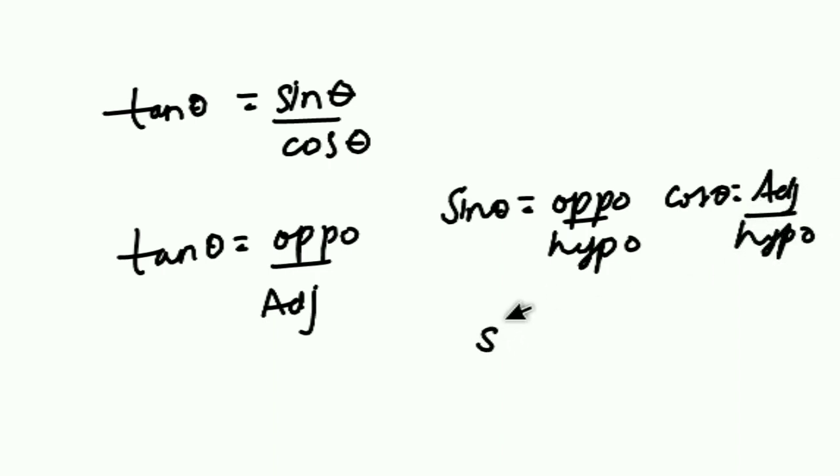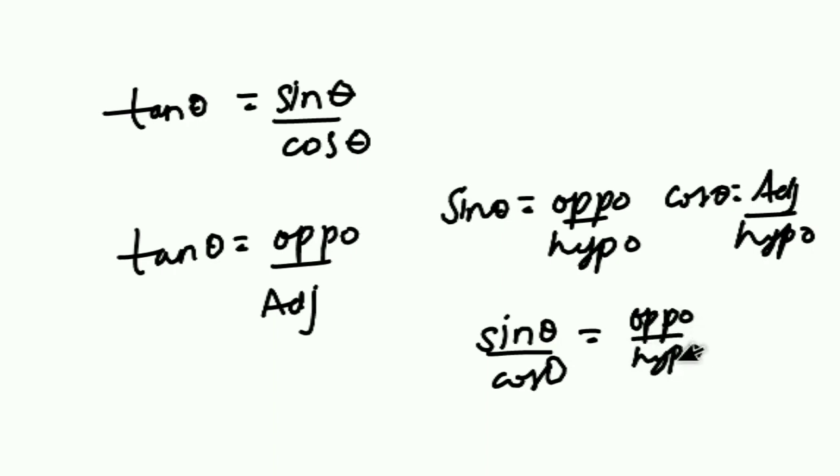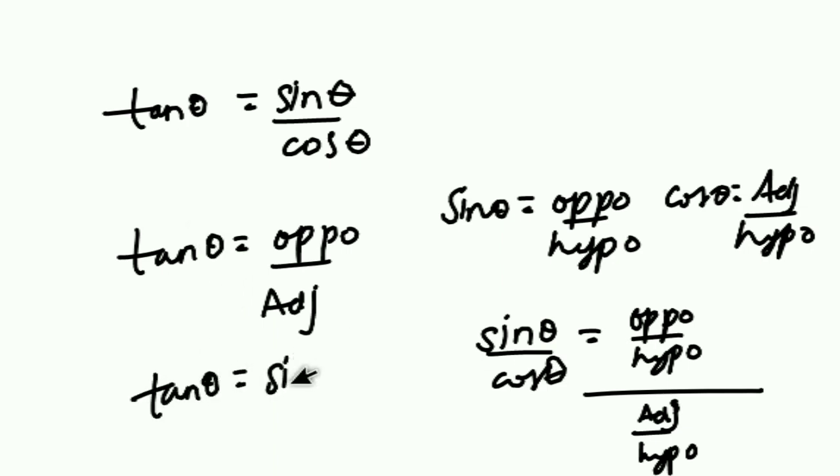So when we divide sin theta by cos theta, you will come to know that opposite side divided by hypotenuse, divided by adjacent side divided by hypotenuse. We are dividing sin theta and cos theta. So tan theta can be written as sin theta divided by cos theta.